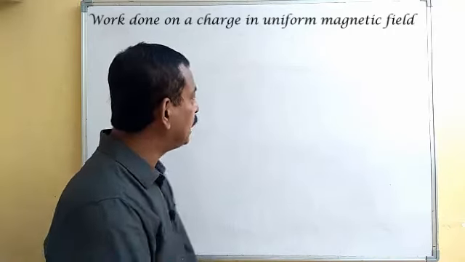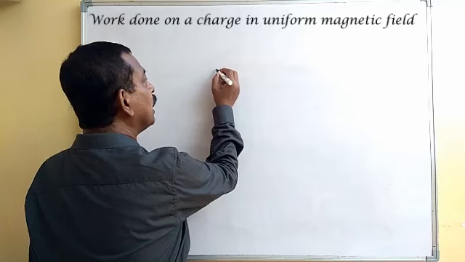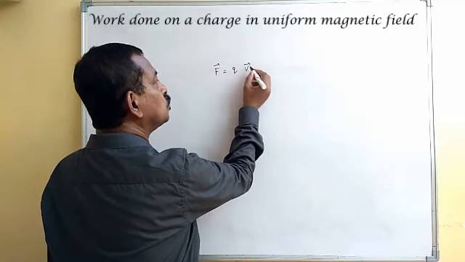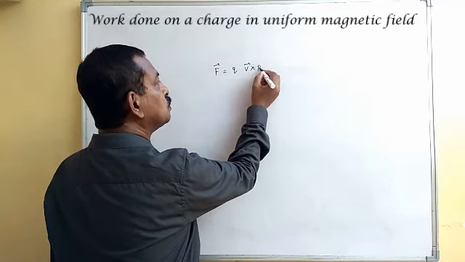Now that you can prove also. If I take the force on the charge, it is Q V cross B. This is the expression for the force. If you want to find out the work done, in that case the small work done we can take as the dot product of force and displacement, and this we can write as force dot displacement.